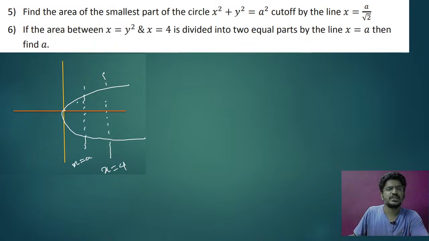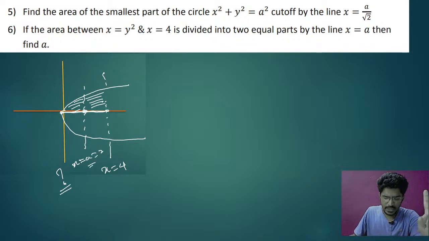It is dividing into two equal parts. They are asking what is a. Very simple: if this is 4 and this is the midpoint, that means a must be equal to 2. If you solve through CET, a equal to 2.